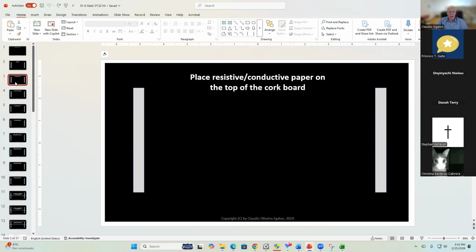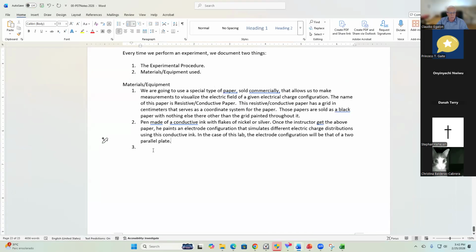Place the resistive conductive paper on top of the cork board. Here you go. We're going to use a cork board to electrically insulate the resistive paper.